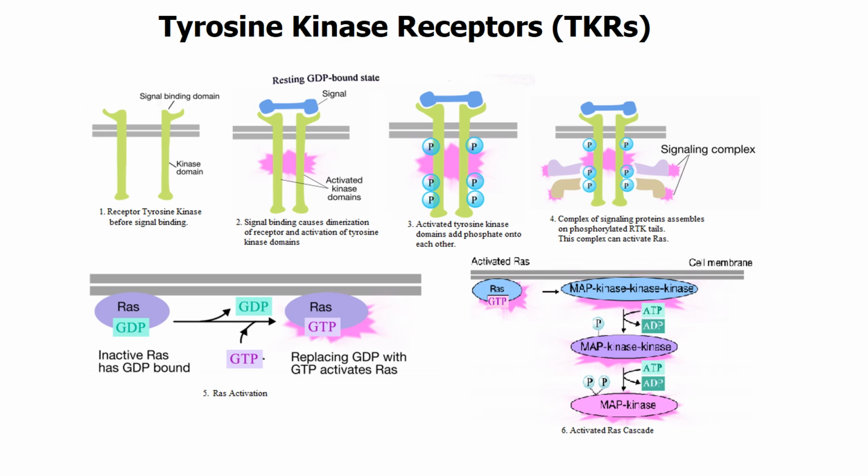Now, upon the receipt of signal, that is, binding of a molecule to activate the protein, in the activated kinase domain. Signal binding causes dimerization of the receptor and activation of the tyrosine kinase domain.